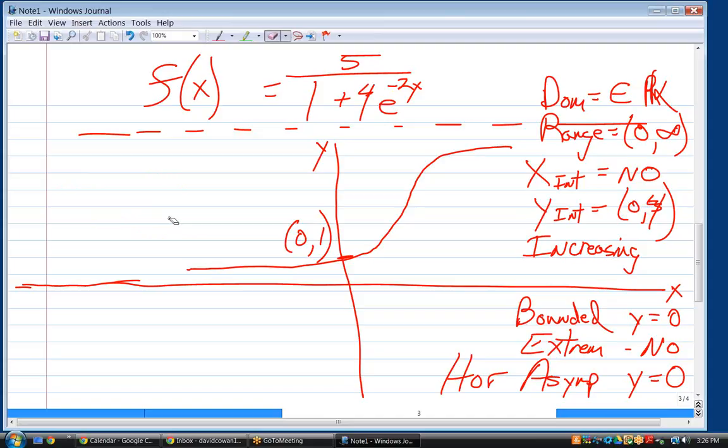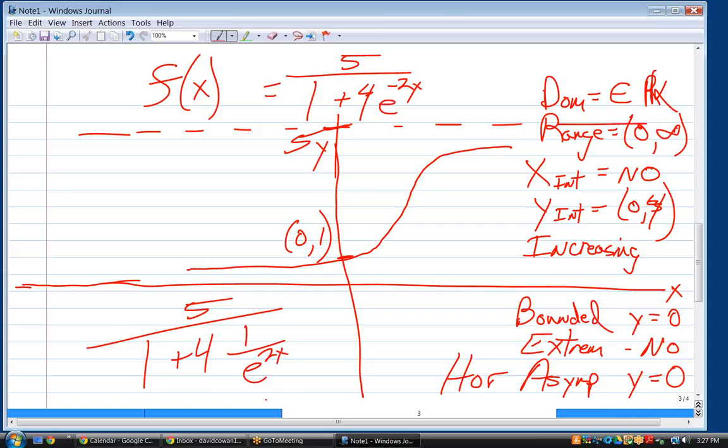So, let's see. As x goes to infinity, what would this y value approach? 5? Yeah, good. In other words, that number right there is 5. And the reason is that 5 over 1 plus 4 times, well, that's the same as 1 over e to the 2x.